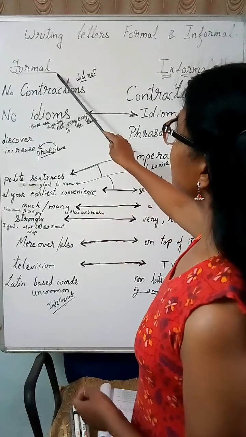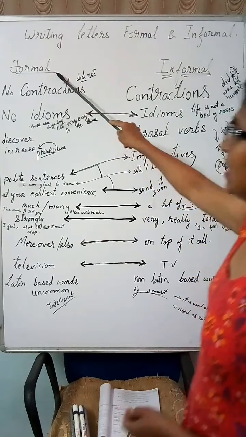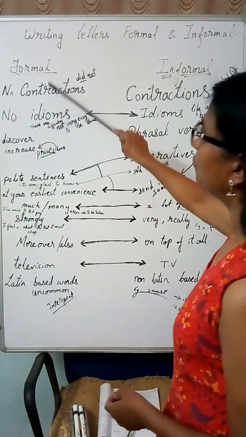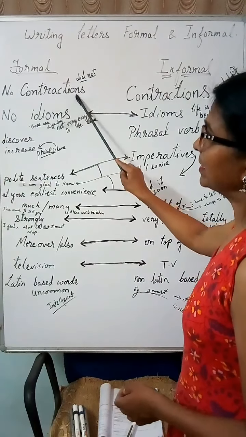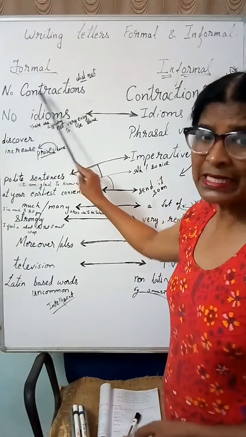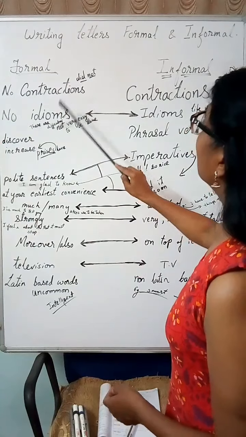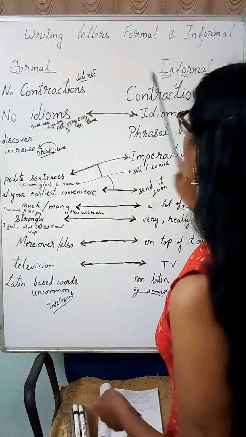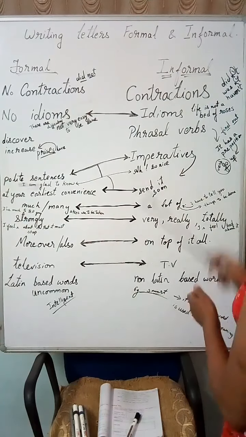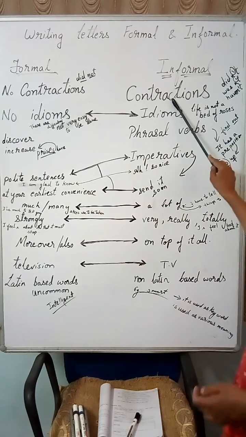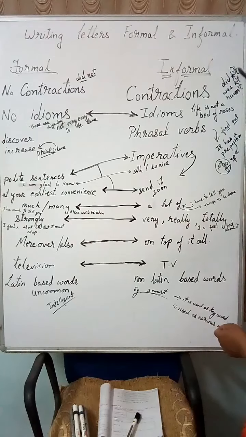Okay, so first here is the formal letter, and the first condition of a formal letter is that it doesn't have any contractions. No contractions over here. Now what are these contractions? You can see I have given you the examples over here. In informal letters you can use contractions like didn't, wasn't, haven't.